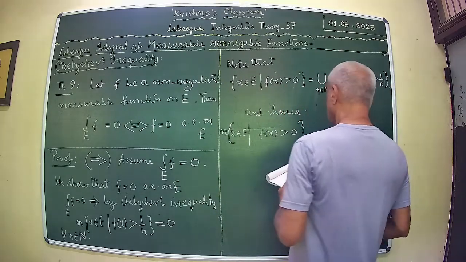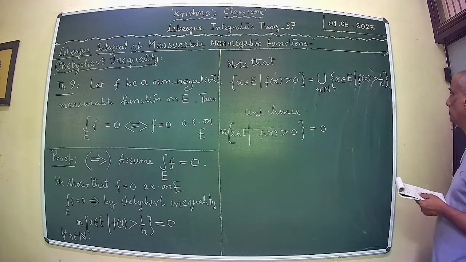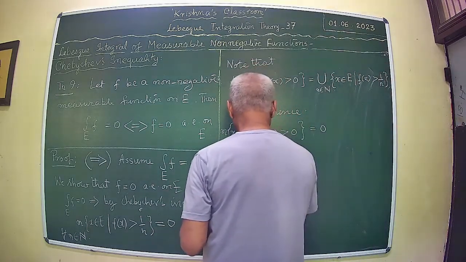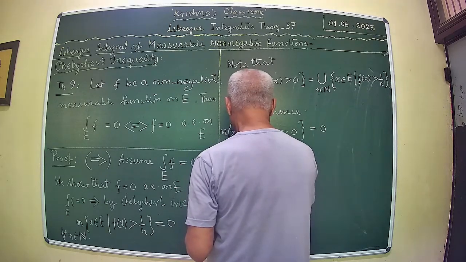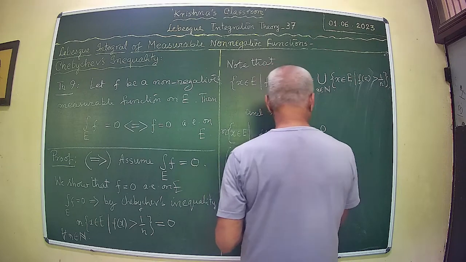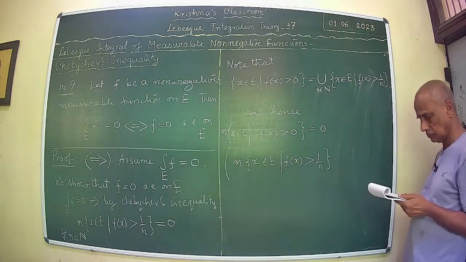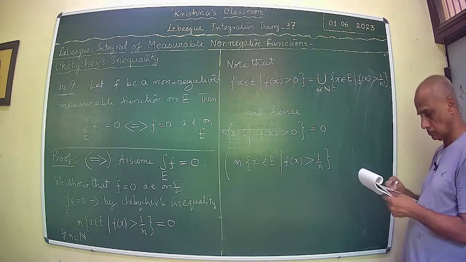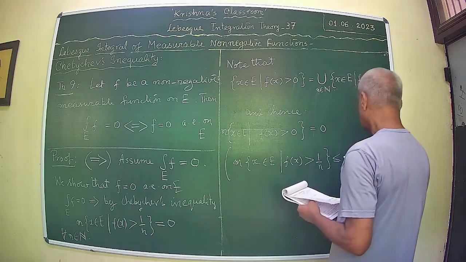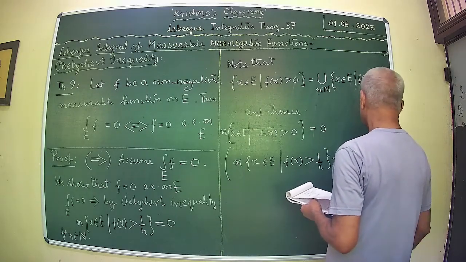This is equal to 0. Okay. Because you get each of these to be 0.